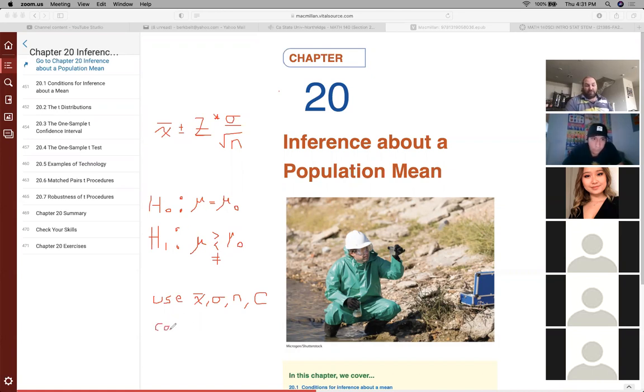In the case of the hypothesis testing, we calculate our p-value, and then we compare the p-value to what?